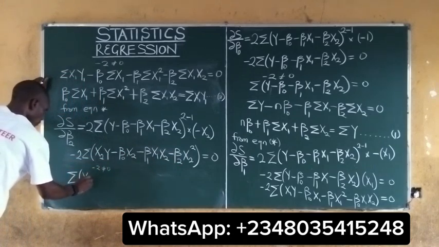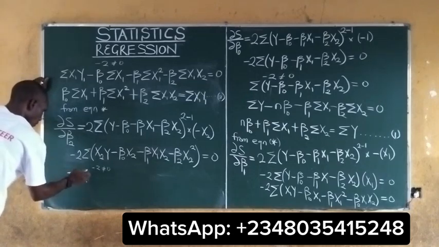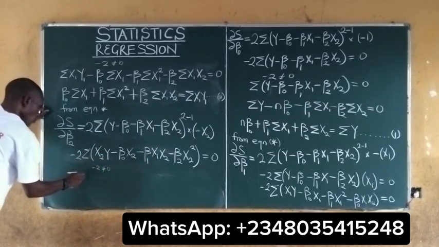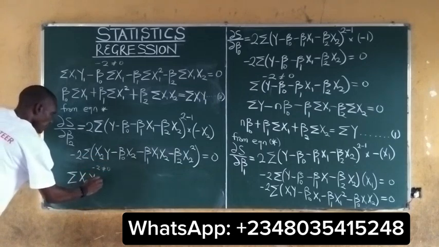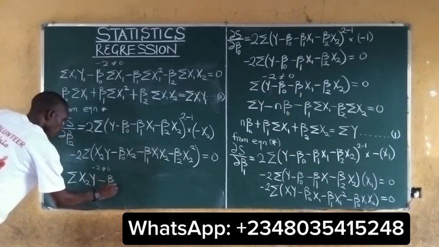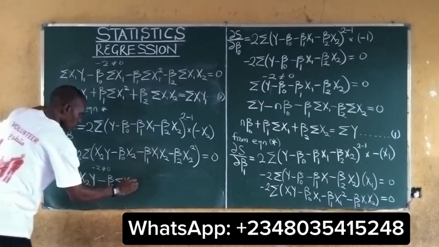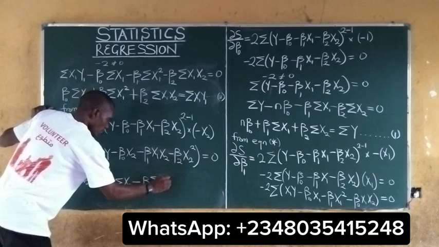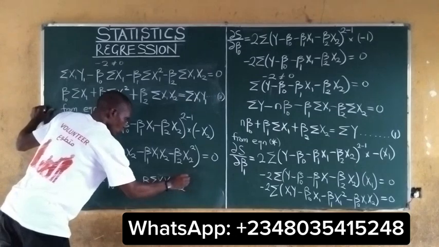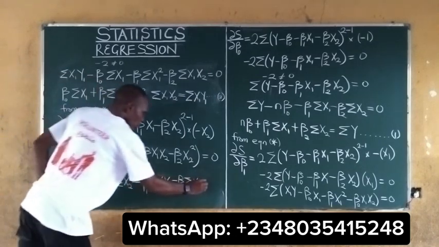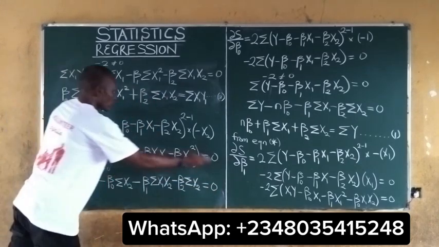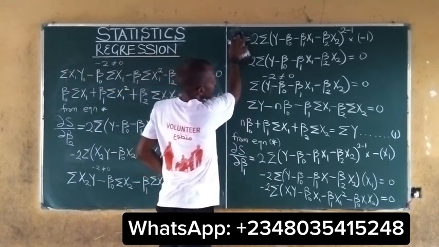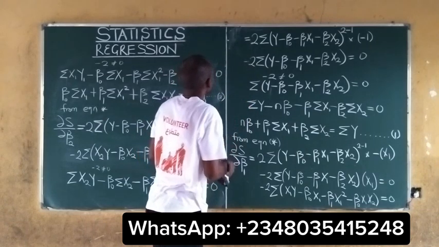Let's open the brackets: x2y minus b naught summation x2 minus b1 summation x1 x2 minus b2 summation x2 squared to be equal to 0. So we can move this over to this side.